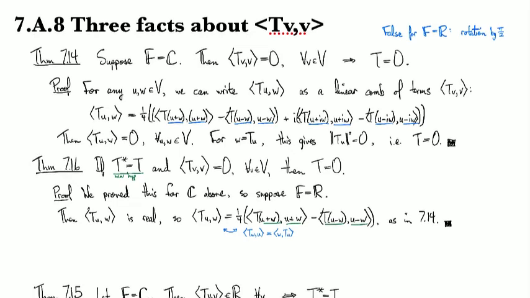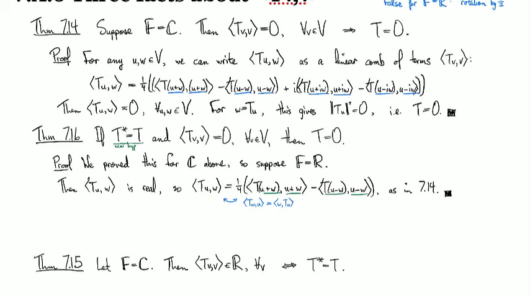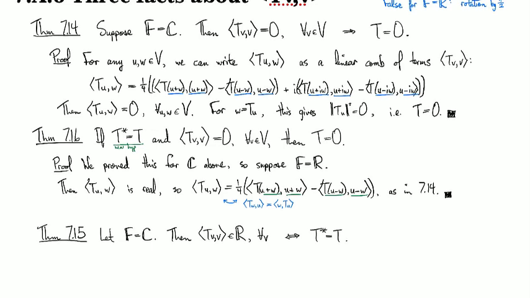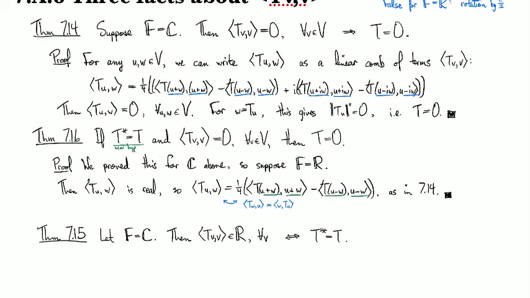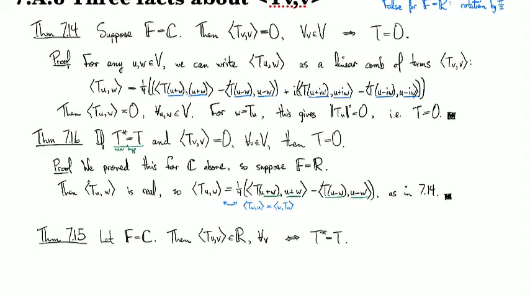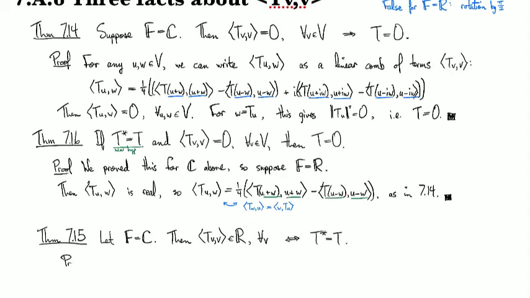And then our last result, so let's just swing this up a little bit, is that if TV against V is always real, then that implies that T has to be self-adjoint. All right, so proof.